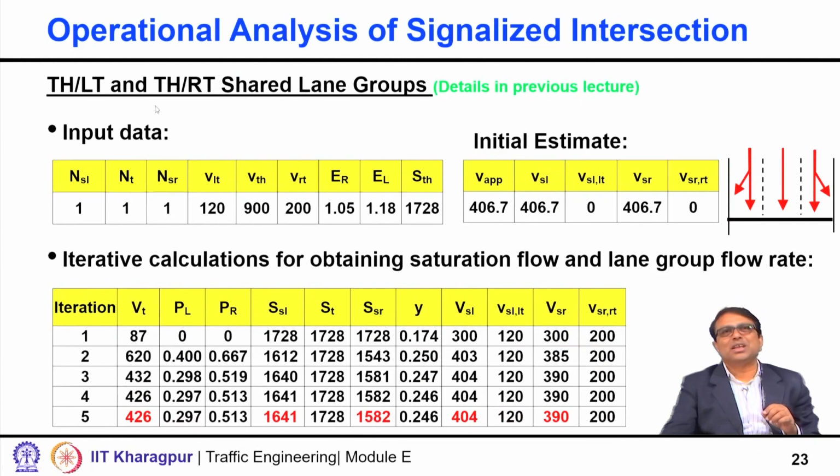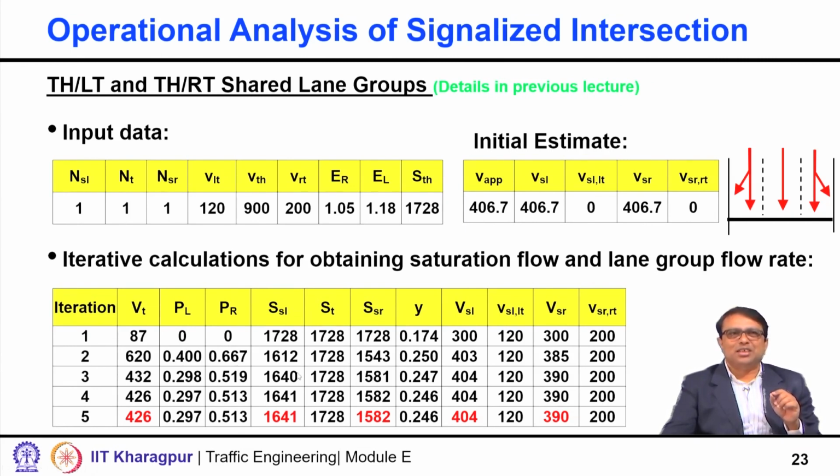The same calculation I have now shown for the shared lane group through and left for the southbound approach: what the input data are, what the initial estimates are, and what PL and PR are, initially 0. Then all three values are the same, but in subsequent iterations PL and PR values change.